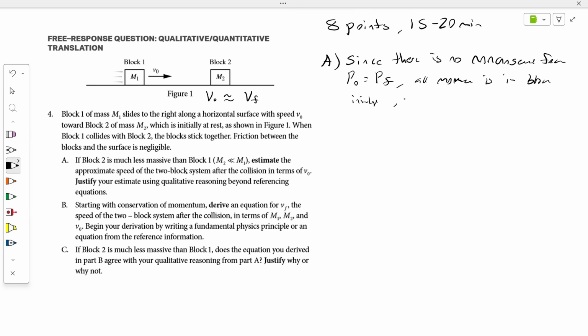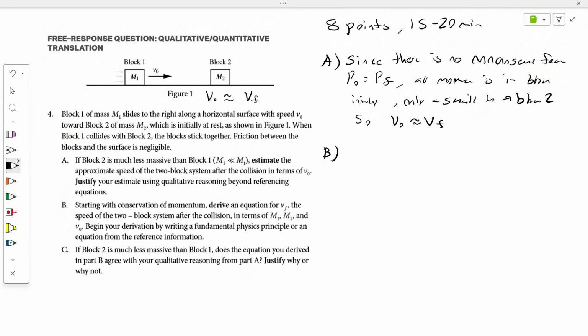And so the final momentum of block 2 is going to be very low, so most of that momentum that's conserved is coming from block 1. Or all of it's coming from block 1, but a lot of it is going to stay in block 1 or the whole system since they're moving together. And so that's basically what we want to say. So all the momentum is in block 1 initially, and then only a small amount of momentum is transferred to block 2. And so the v0 is going to be about equal to v final.